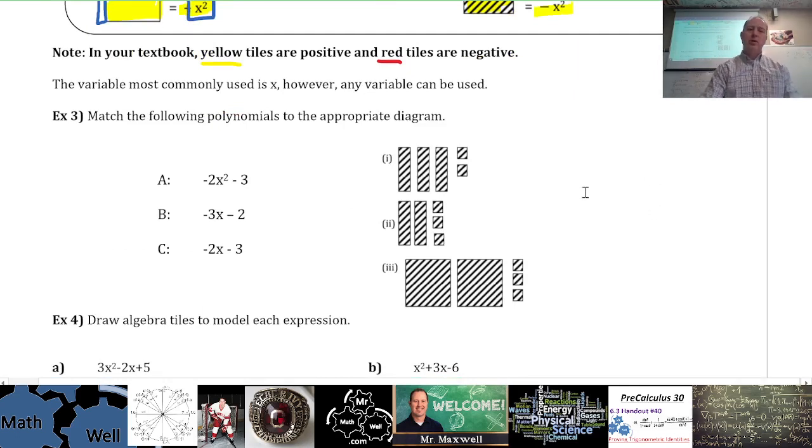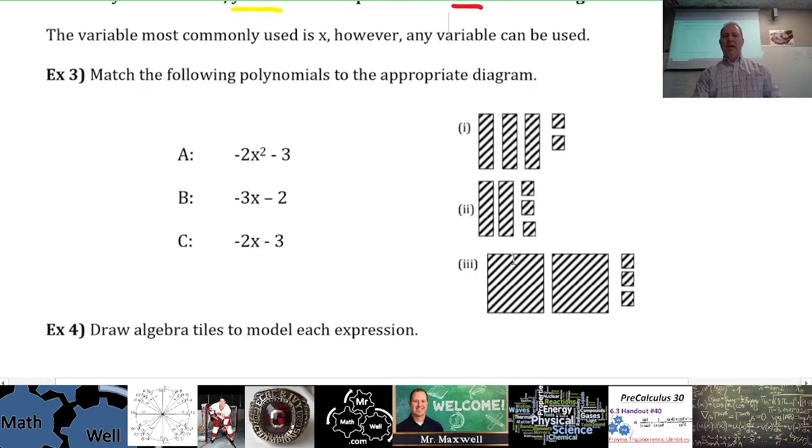Match the following polynomials to the appropriate diagram. So if we were to represent the polynomials that we stated above, and you have those in your notes, a negative 2x squared, that's going to be some algebra tiles represented by that. And then minus 3, and that would be the same as writing plus negative 3. So you can envision A also like this.